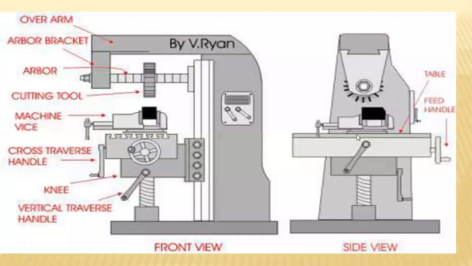See here, the work part is fixed in the jigs and fixtures, and with the help of this hand wheel, there are the manual actions. That's the concept of these manual actions. By rotating at a speed in a clockwise direction, the entire table which holds the work part rigidly will move in a particular direction, and upon counterclockwise rotation of this feed handle, it will come back in the fro motion.